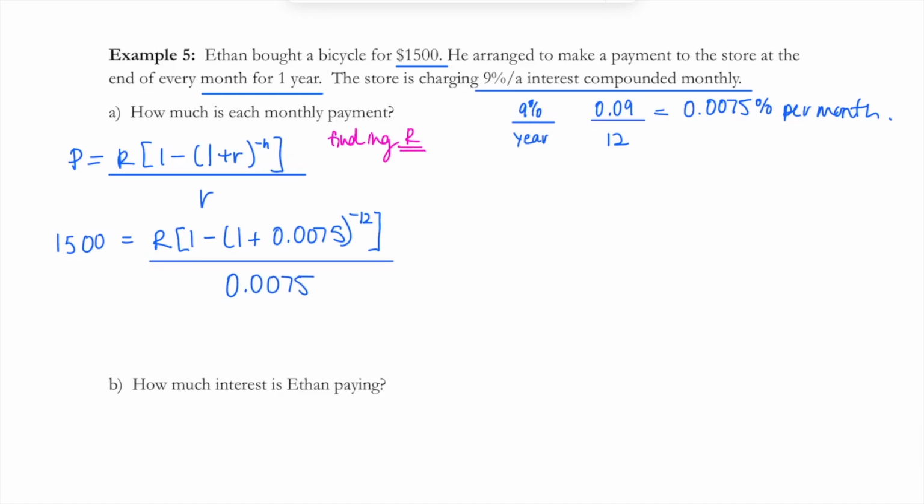Okay, so what we can do now to isolate is we can cross multiply and get the 0.0075 here. R times 1 subtract. And then this ends up being, I'll do the computation. So we've got 1.0075 raised to the power of negative 12. I put that in my calculator.